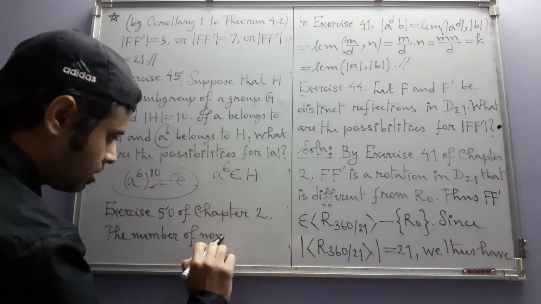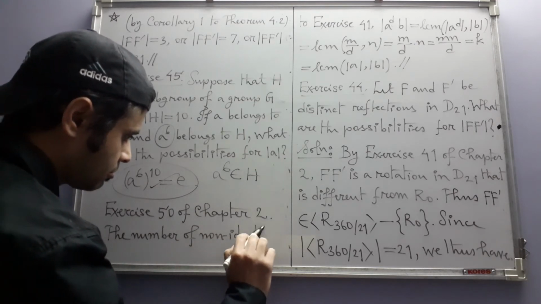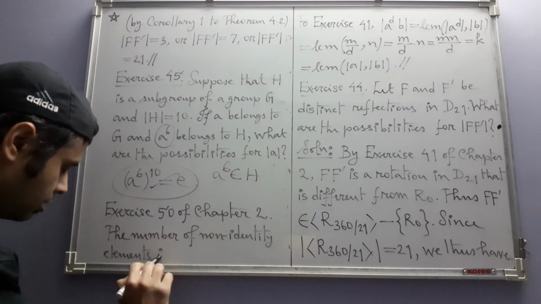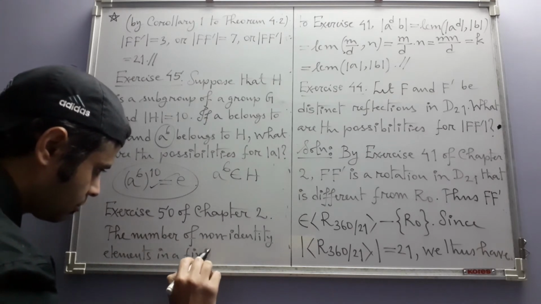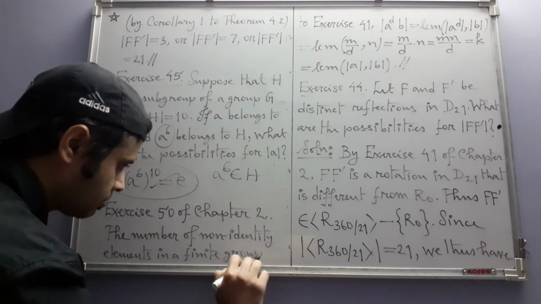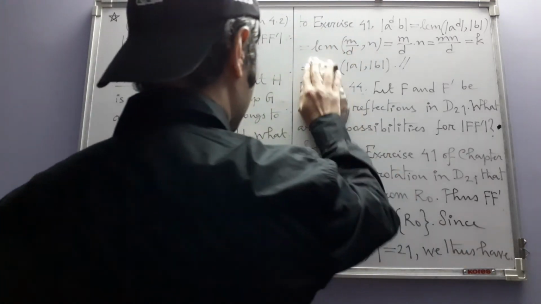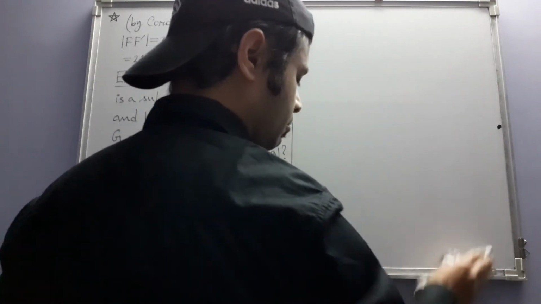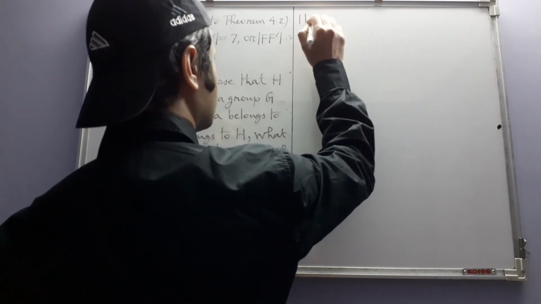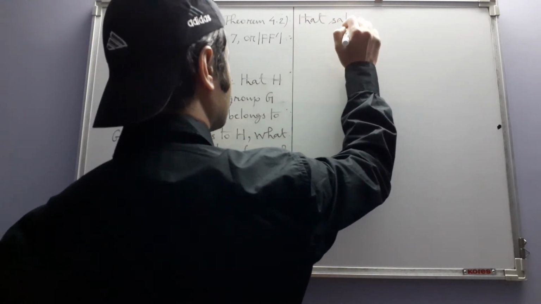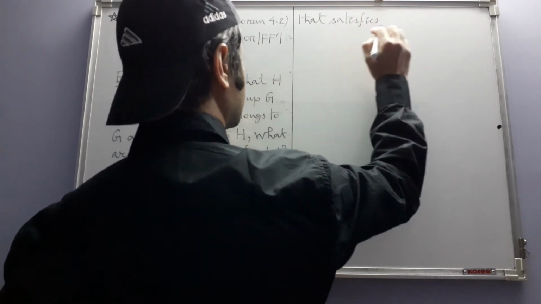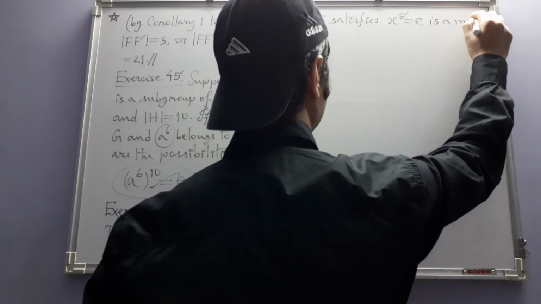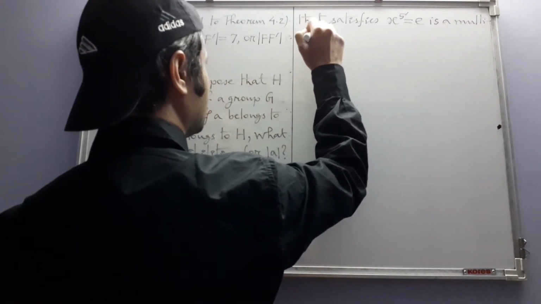The number of non-identity elements in a finite group G that satisfies this equation is a multiple of 4.